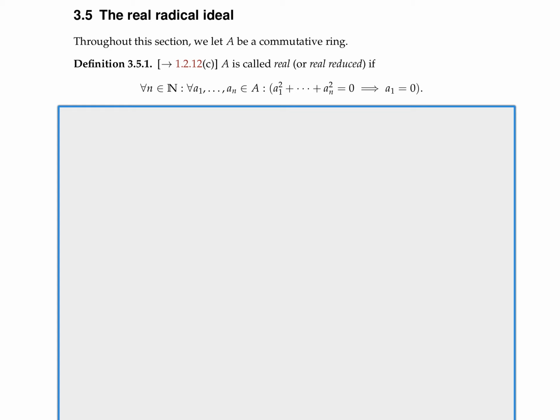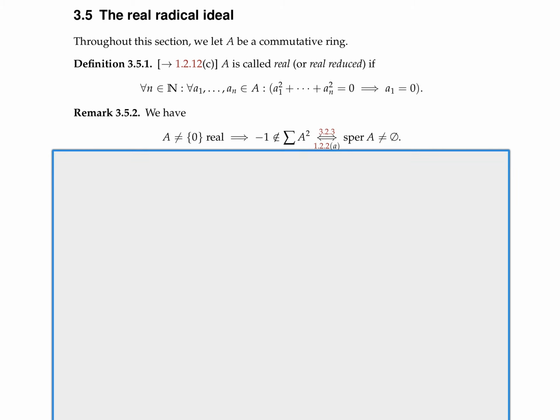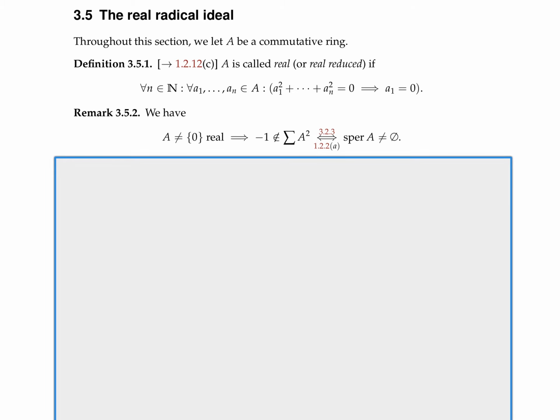A commutative ring A is called reduced if for all a in A, if a squared equals 0, then a is 0. Okay? And this is a bit similar. It's real reduced.